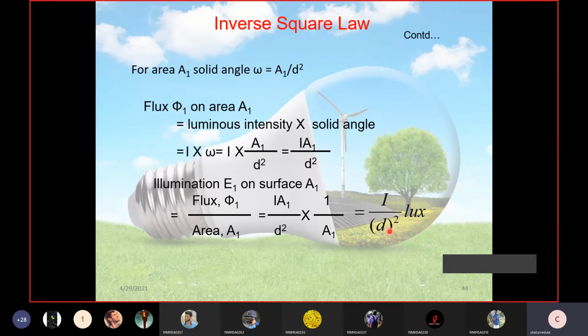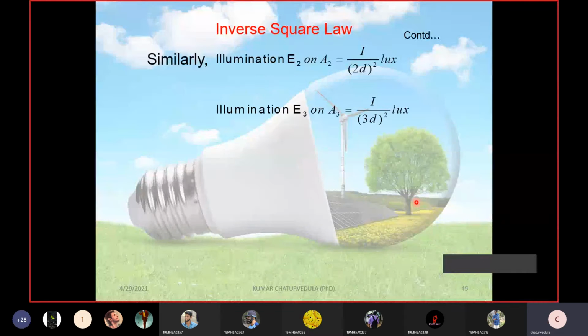Similarly, in case of area A3, omega is equal to A3 by 3d square. So again here I into A3 by 3d square into 1 by A3. So I by 3d square is going to be the illumination on surface area A3.